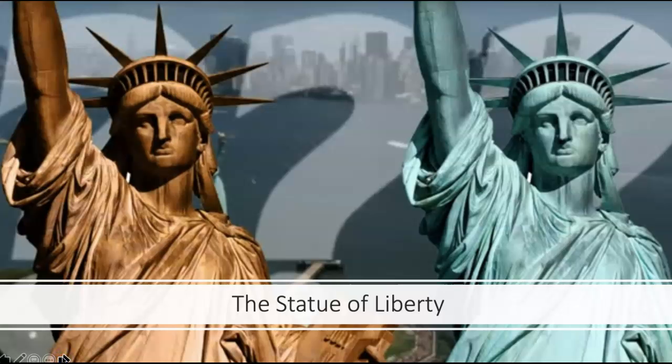If you take a look here at our Statue of Liberty, it's made from a transition metal. Hopefully you know the transition metal that the Statue of Liberty is made from is copper. And if we look over here at this picture on the left, you can see the Statue of Liberty as it looked when it was first put up hundreds of years ago there in the New York City harbor.